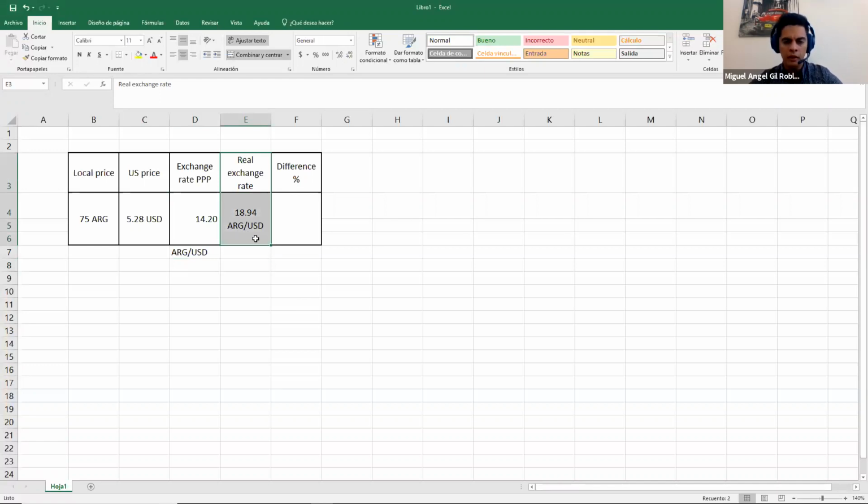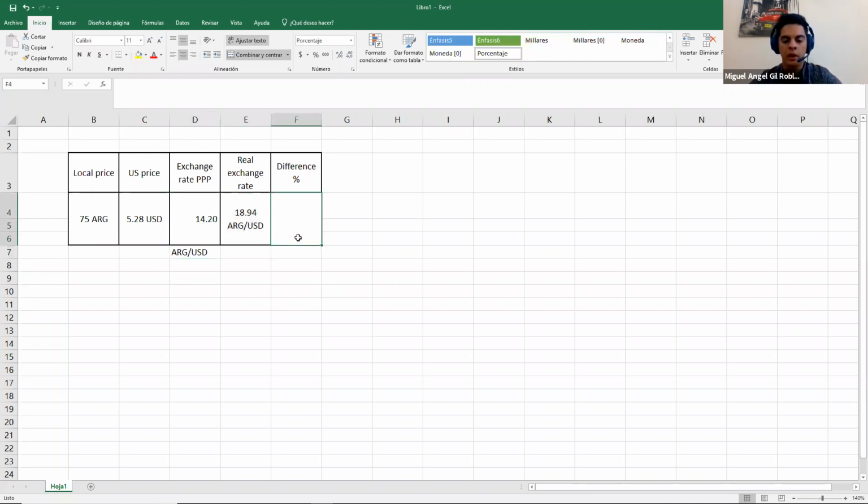So the first conclusion is that right now the market is more expensive. Right now, you need to pay 18, almost 19, for a dollar, while the theoretical rate should be 14.20. To put that into numbers, we need to calculate the difference, how much more expensive this is than this one.